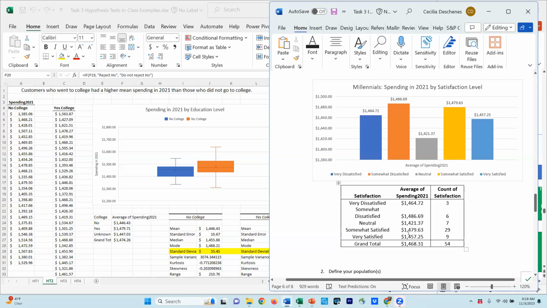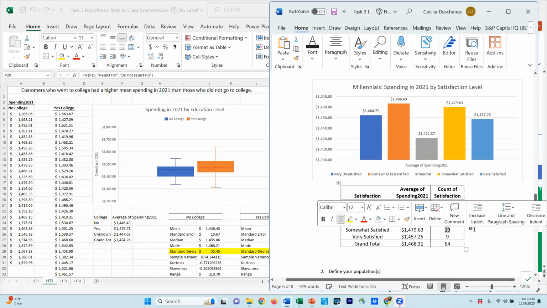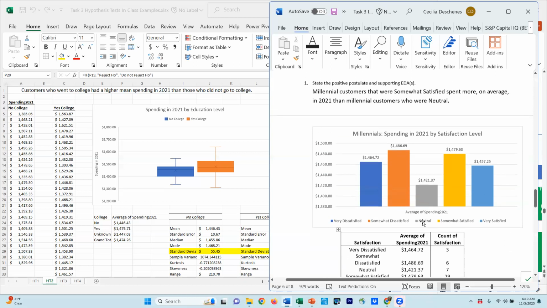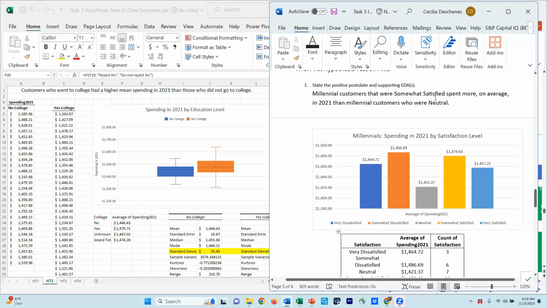So I noticed that Somewhat Satisfied has 29 records. So I want to focus on Somewhat Satisfied here. And I wanted to make a statement about Somewhat Satisfied versus one of the other bars. And the one that I chose was neutral because it looked like it was the biggest difference between them. So I am saying the millennial customers that were somewhat satisfied spent more on average than millennial customers who were neutral.